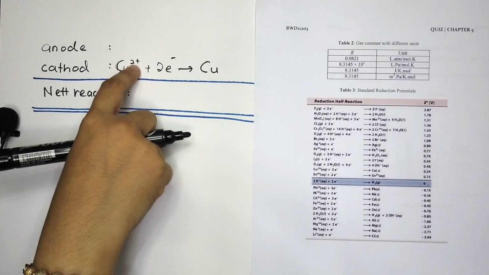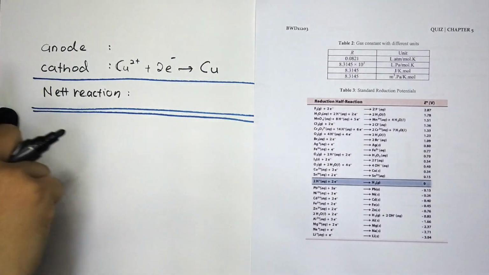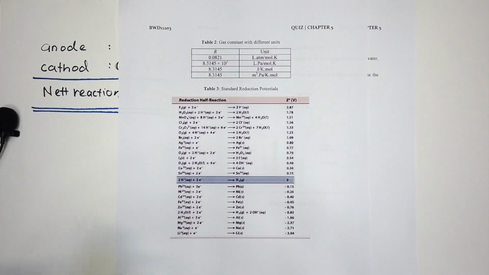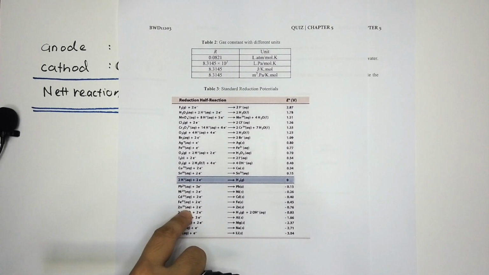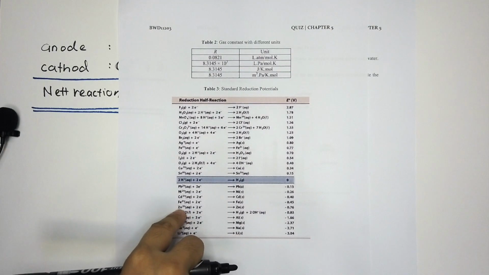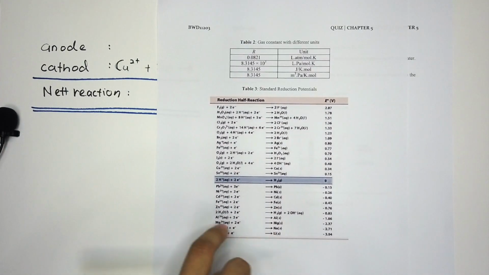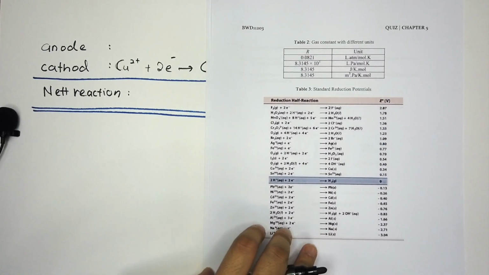So from 2+ becomes 0. That is reduction. But when you look at the anode, for the zinc, given to you is actually Zn2+ plus 2 electrons will produce zinc. This is a reduction process.